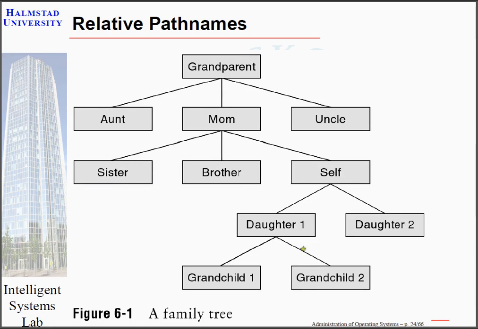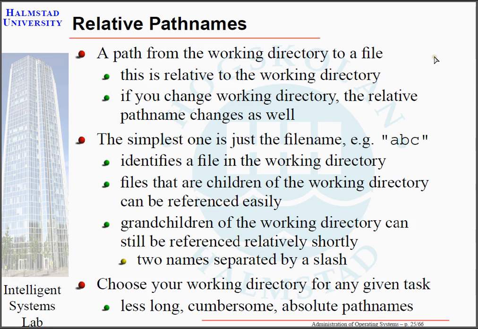All those people are identified in relation to you. So if you think of this as your working directory, this relation and this relation hold, but if you change here, then some of those relations are different. So this is an example of a relative path name.